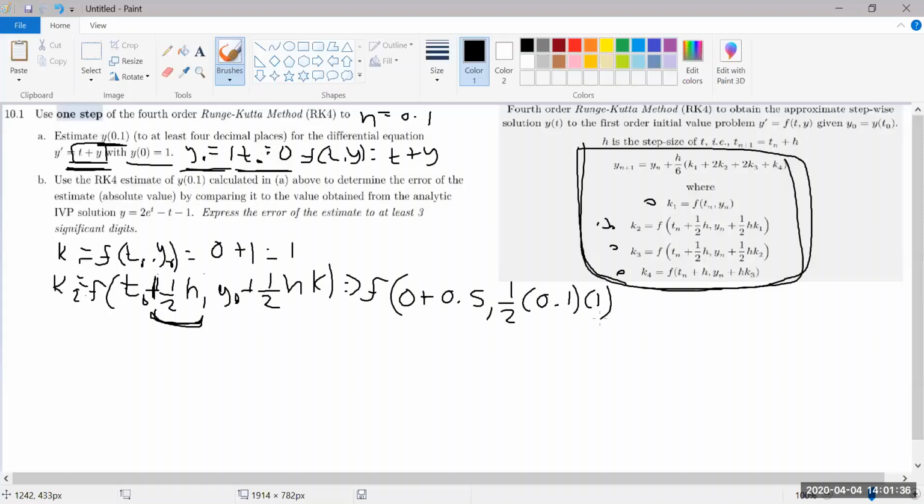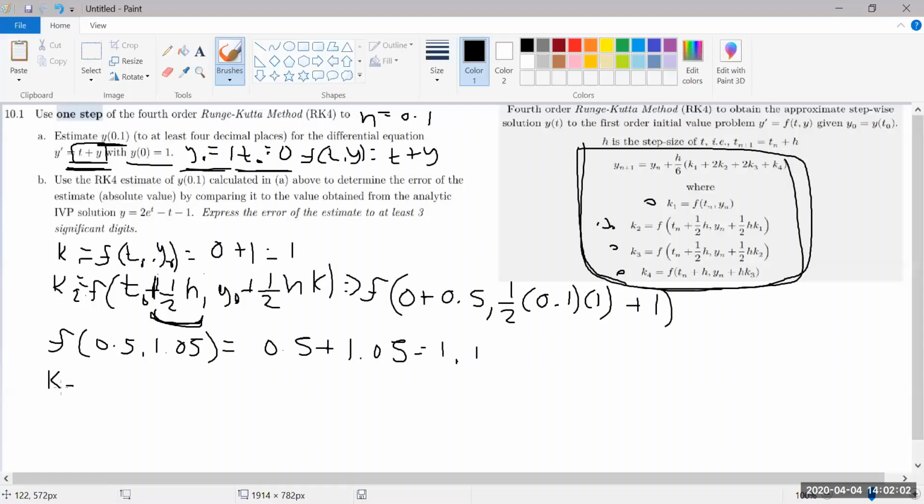So you're evaluating the function at 0.05 and 1.05 for your t and your y. So you have your t 0.05 plus your y 1.05, which gives you 1.1, and that's your K2.